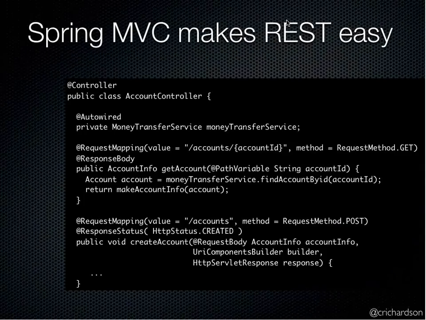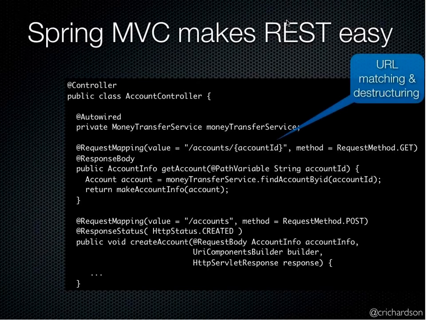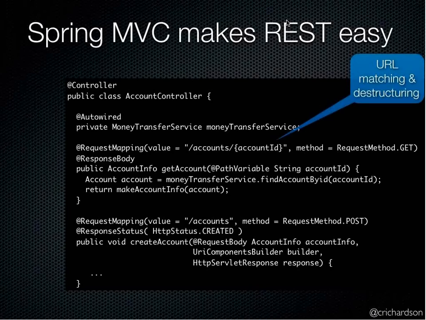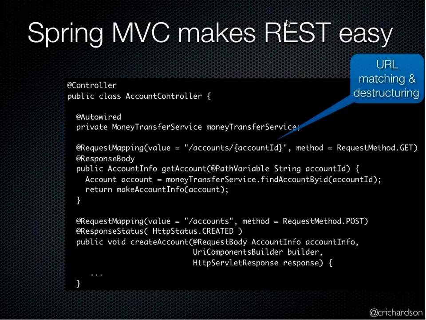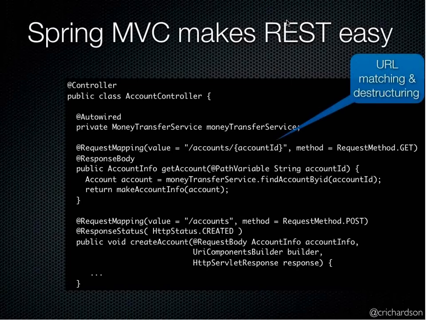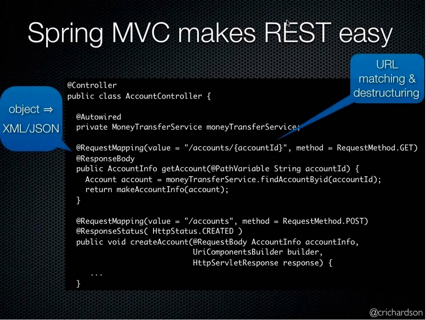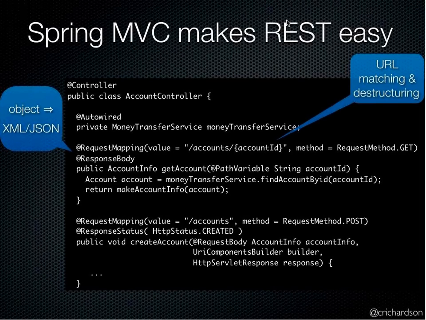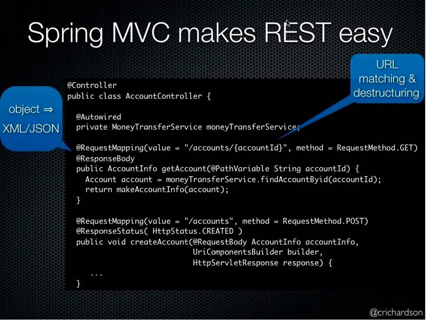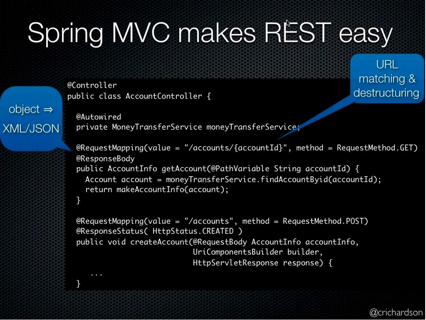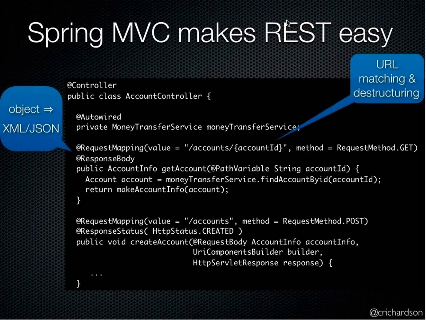Obviously, the Spring Framework makes it very straightforward to implement RESTful APIs. Spring MVC is a very good technology for doing that. It lets you do URL matching and destructuring, so we can pull the account ID out of a REST-style URL. It can also automatically translate the return value of a controller method into XML or JSON using message converters.